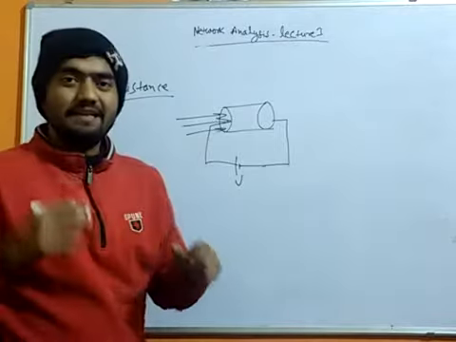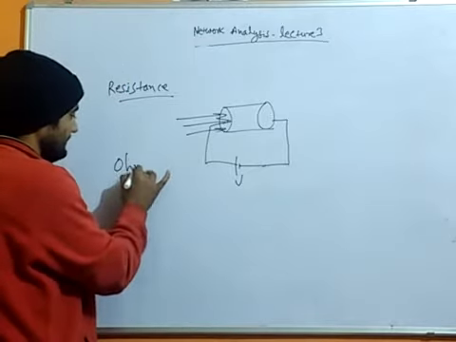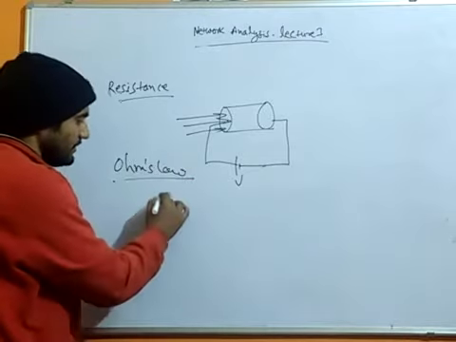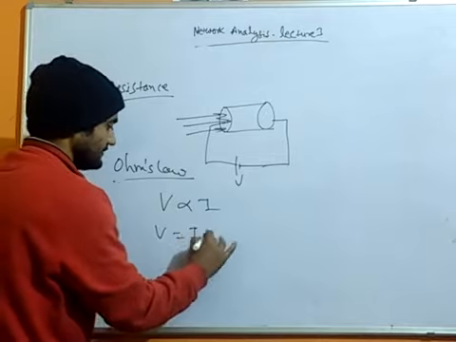Now come to the mathematical value of the resistance, which is given by a very famous law, Ohm's law. According to Ohm's law, V is proportional to I, and it is written as V equals IR.